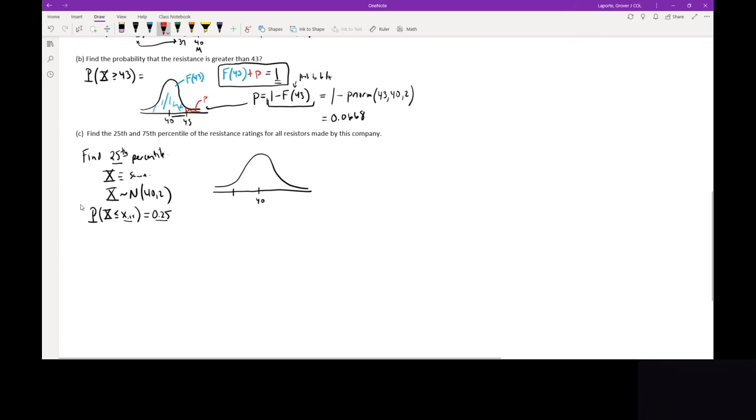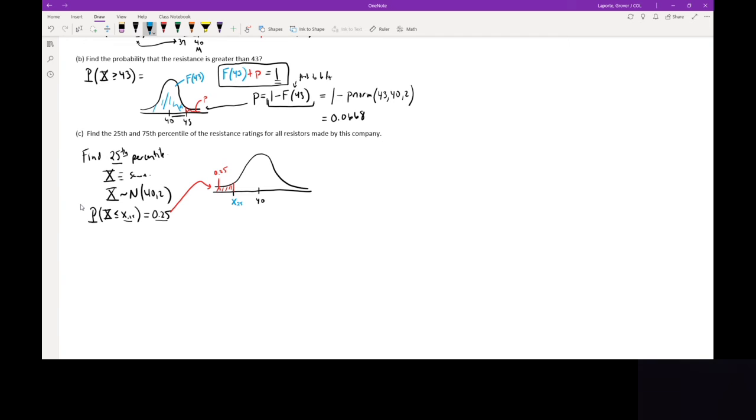Let me grab a different color. So I want this probability in here to be 0.25. So 0.25 probability, and what we're looking for is the x value, x sub 0.25, that goes along with that. So it's sort of the opposite of what we've done previously.